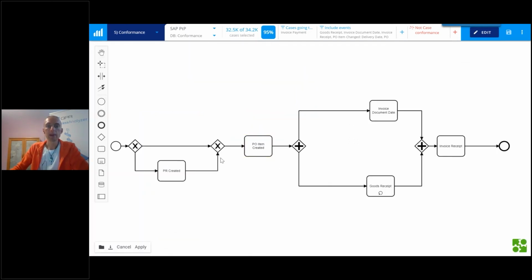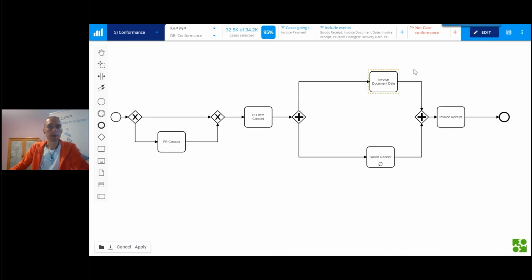And this is calculated by looking at the process flowchart, which now says that this is how the process should go. So either we have a purchase requisition or not, both are acceptable. Then we get a purchase item, and then in parallel we will be getting invoice, and we'll be getting a goods received, and then the invoice received is taking place after that.